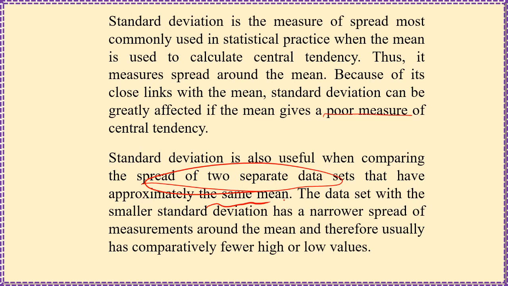The data set with the smaller standard deviation has a narrower spread of measurements around the mean, and therefore usually has comparatively fewer high or low values. This means that all the data are mostly around the same value.